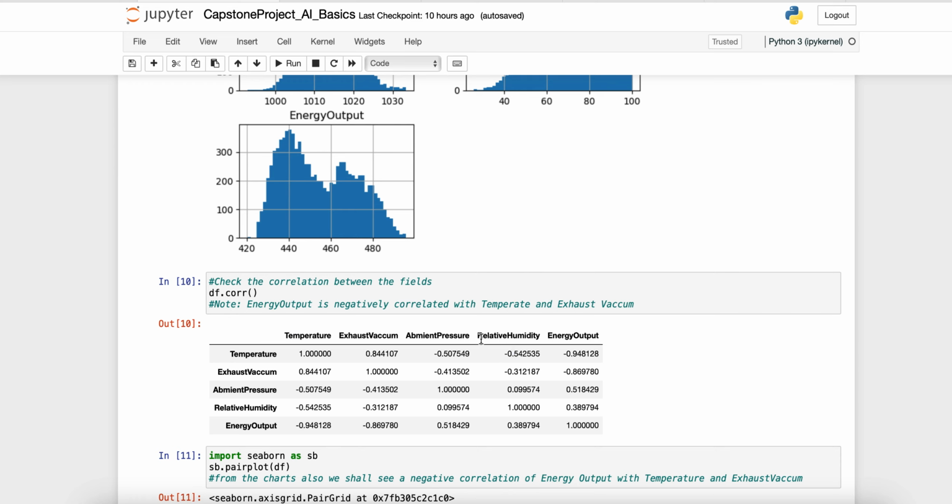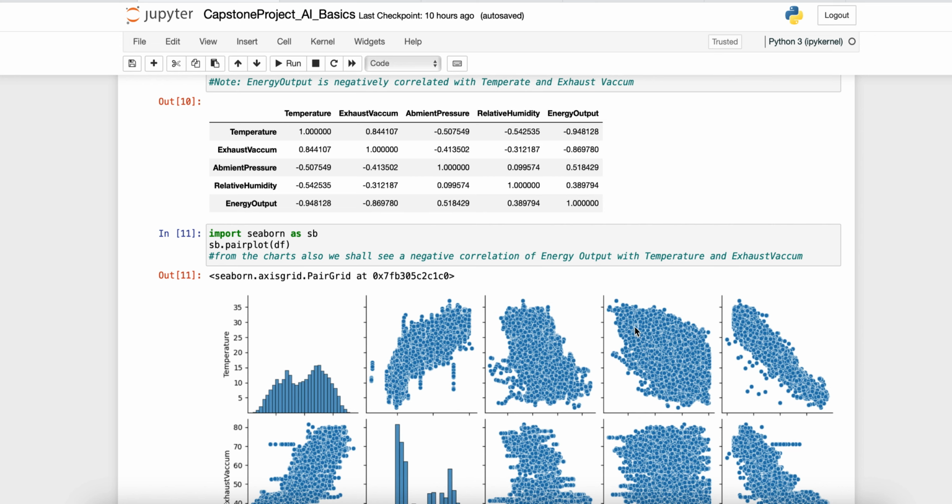Next important is correlation. When I see the correlation, I can understand that temperature and exhaust volume are negatively correlated with the output, which is energy output, and the rest are fine. The same thing we can see visually here.